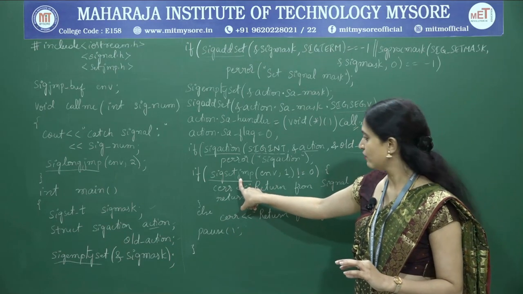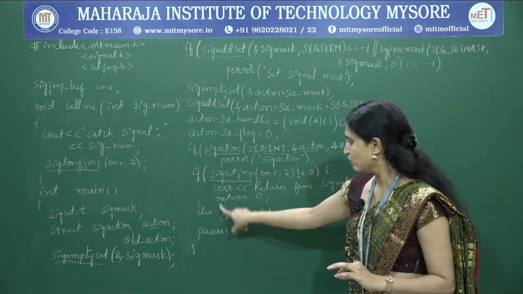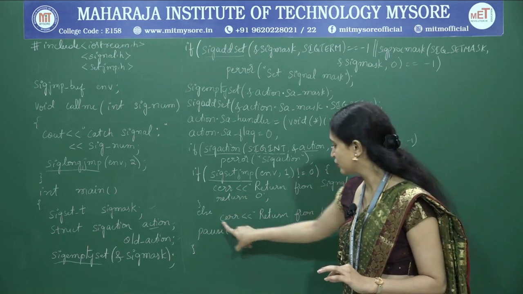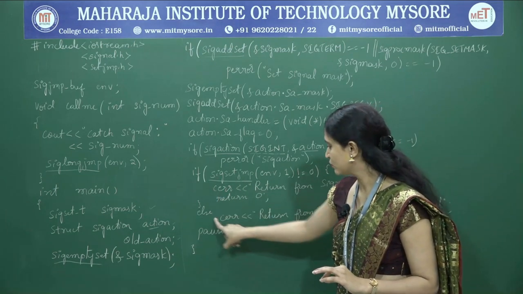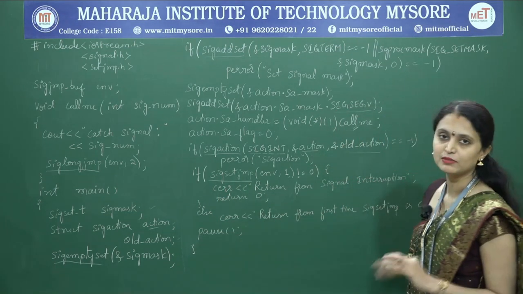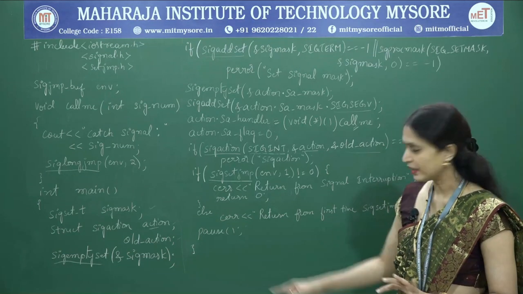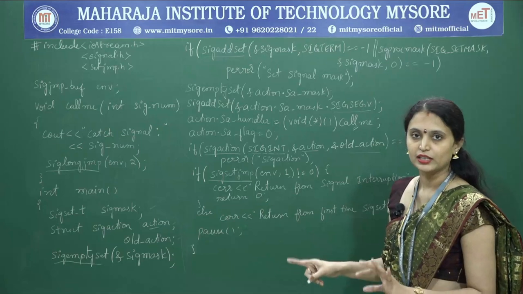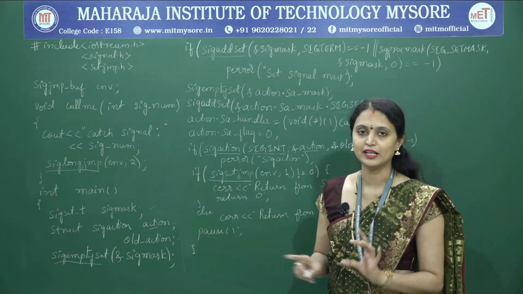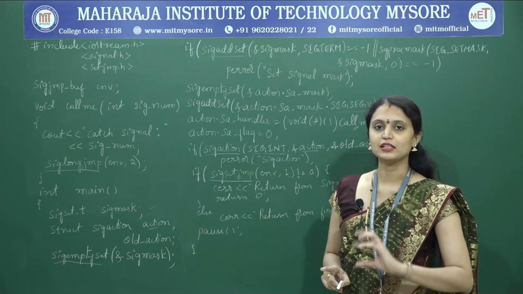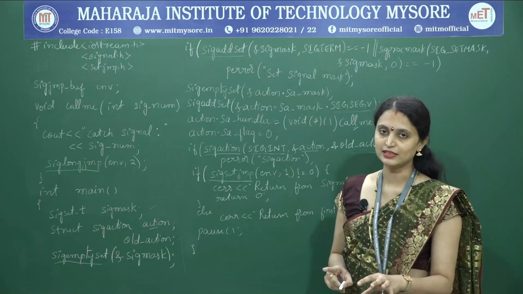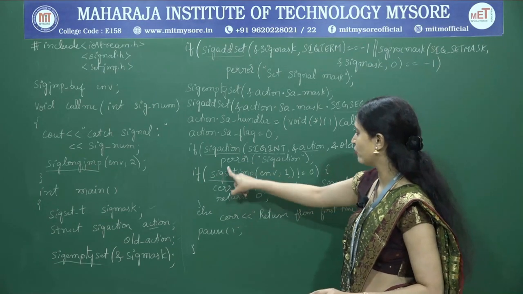Since it returns 0, the control will come here, the return from the first time sigsetjmp. When the program executes a second time and there is an interruption from the keyboard, the SIGINT signal will be generated.